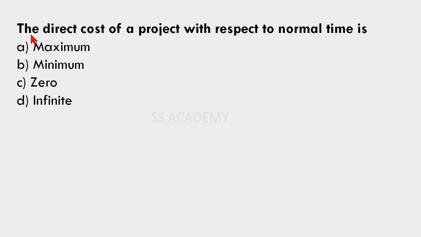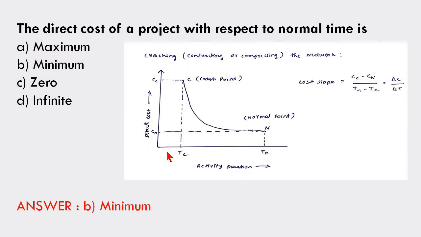Next question is, the direct cost of a project with respect to normal time is maximum, minimum, zero, or infinite. The answer is B, minimum. The direct cost of a project with respect to normal time is minimum. Similar crashing concept, if you see this graph, the direct cost line is this one.